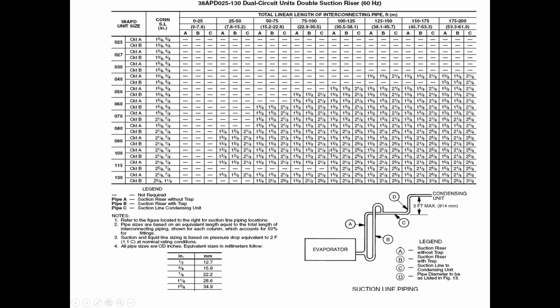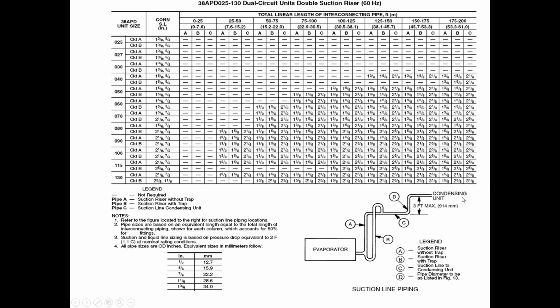My A pipe is going to be 1 5/8, and my B pipe is going to be 2 1/8. So what does that mean again? Right down here, my smaller pipe A will be the 2 1/8, and then my B pipe, the larger pipe, will be my 2 5/8. And typically your B pipe is, in most cases, real close to or the same size as the C pipe. And remember, your C pipe is your main pipe going back.